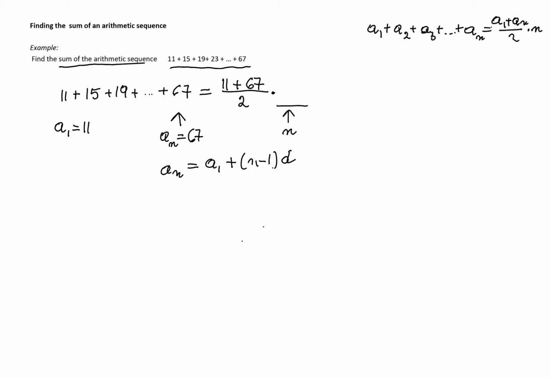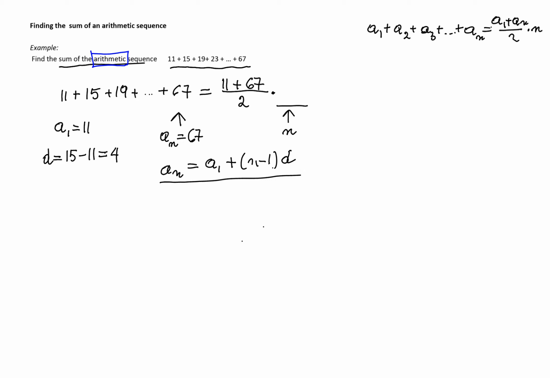Since we are told from the beginning that this is an arithmetic sequence, we can figure out the value of d, because in an arithmetic sequence the common difference d is the difference between any two consecutive terms. So for example, we take term 2 and subtract term 1 and we'll get the value 4. So that common difference is 4.